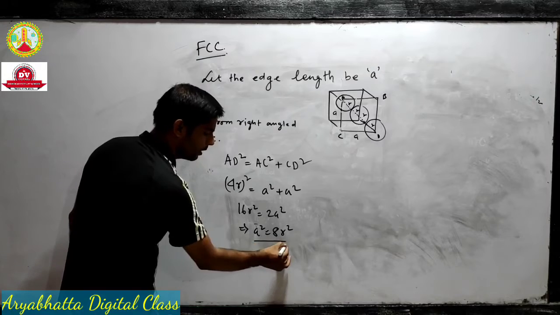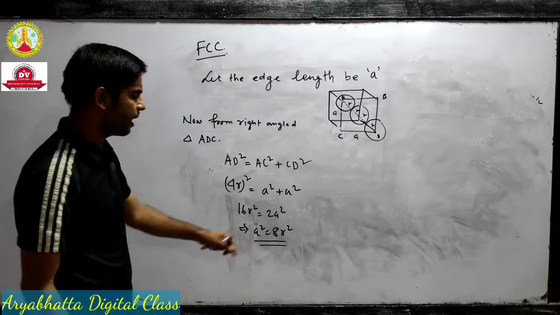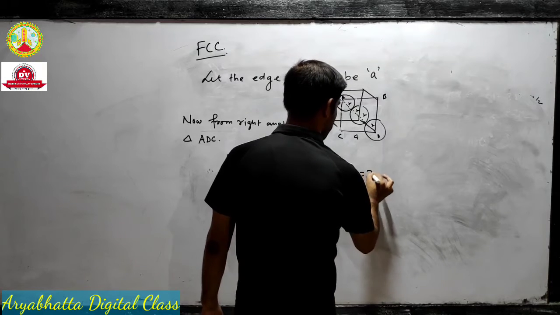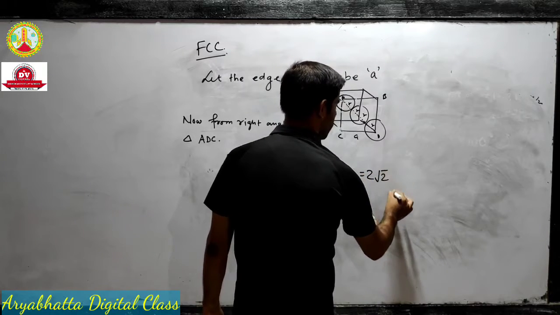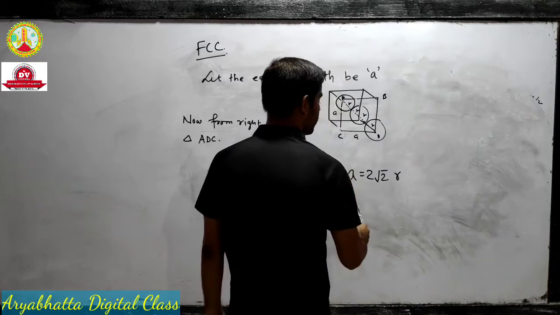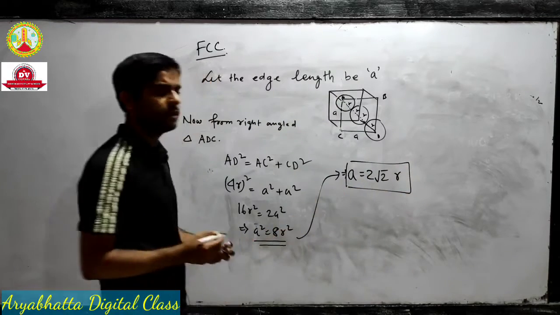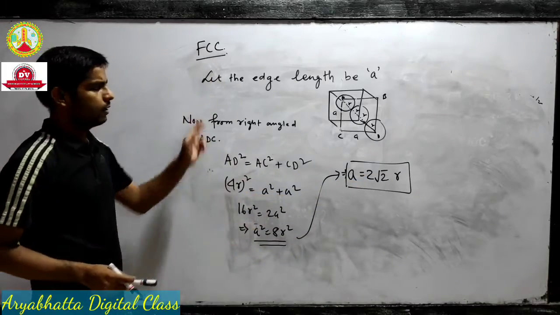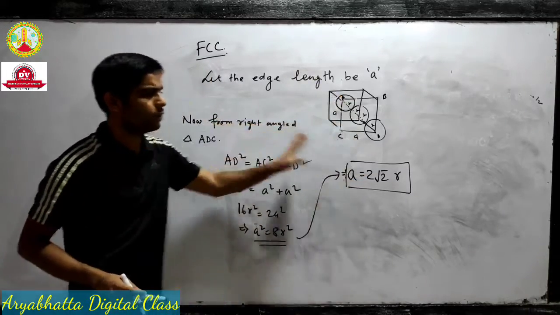So this is the relation between A and R. From here you can calculate A is equal to 2 root 2 R. Okay, so this is our relation between A and R. See it carefully.